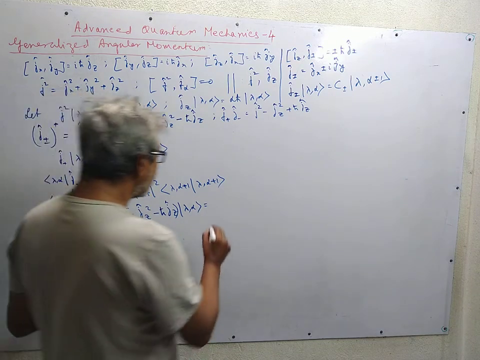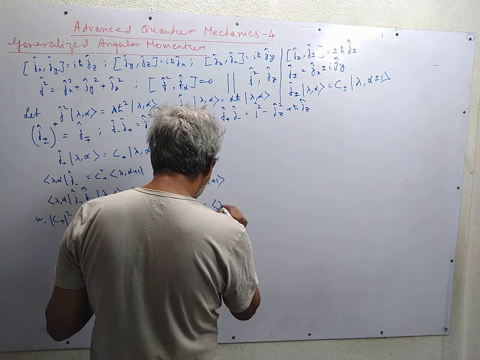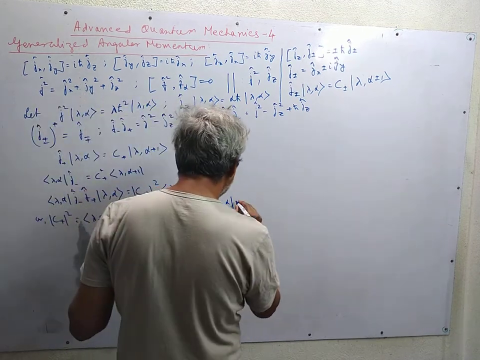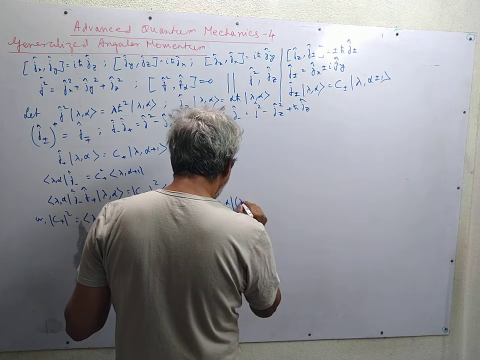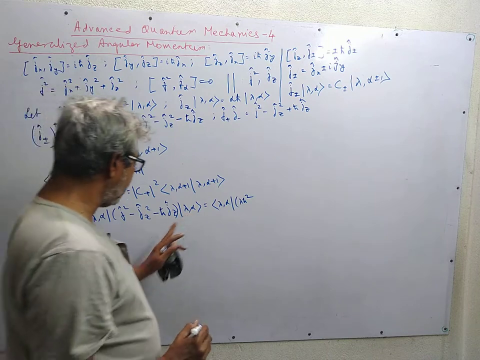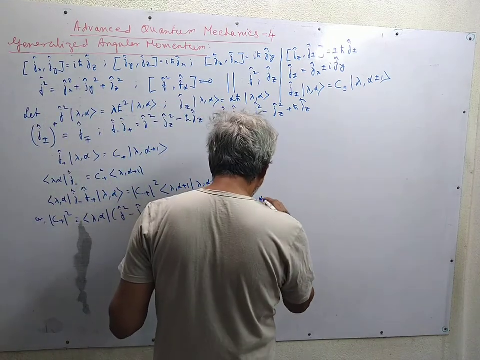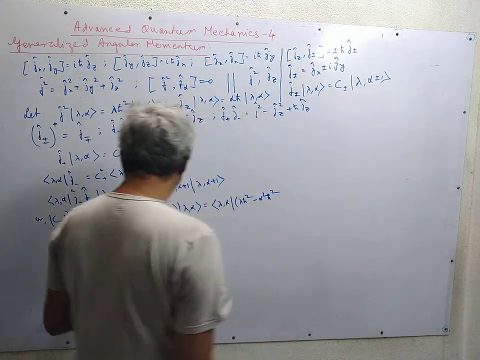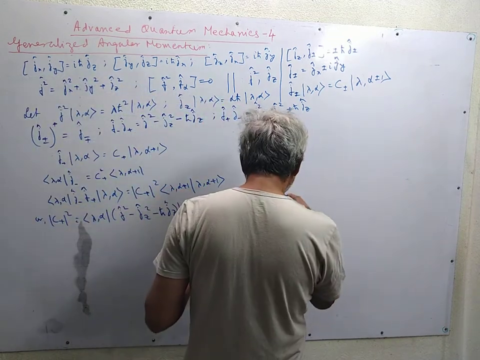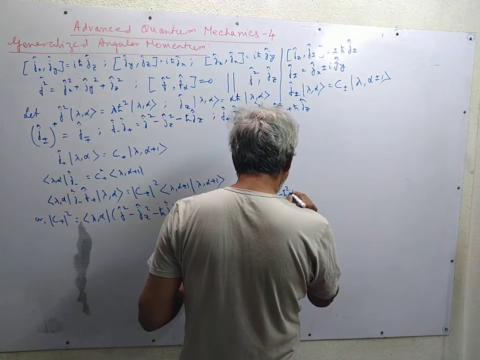You see that the result is lambda alpha: J square operating on this gives you lambda h line square, Jz square operating on this gives you alpha square h line square, and Jz again operating on this gives you h line square alpha.